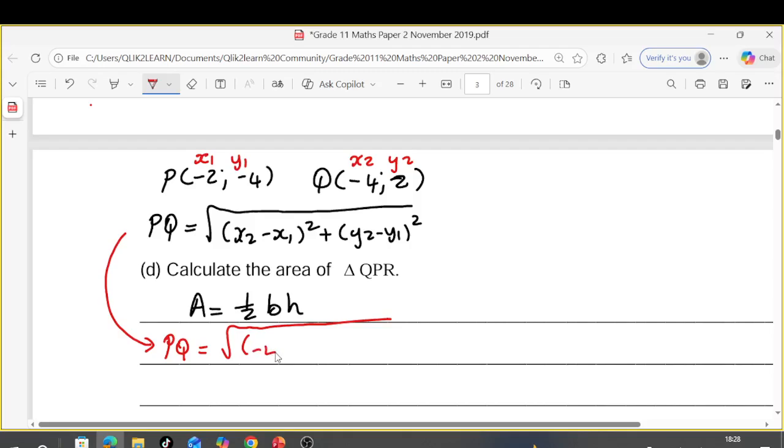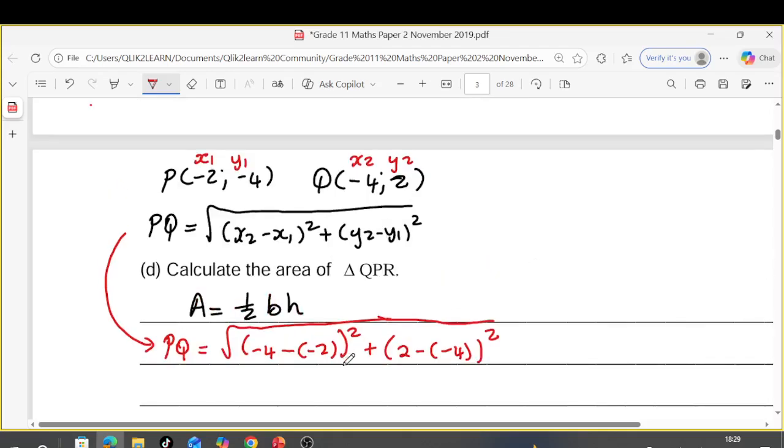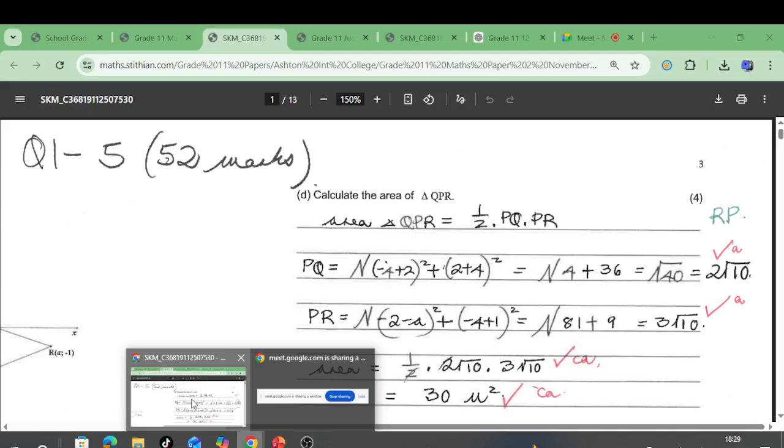We know it's minus 4. Then I'm going to subtract x1, which we need to put inside the bracket, and everything squared. Then we add y2, which is 2, minus y1. We need to put it inside the bracket, everything squared. I know someone is going to make a mistake here when they do their substitution. So tell me guys, what do you get on your calculator?